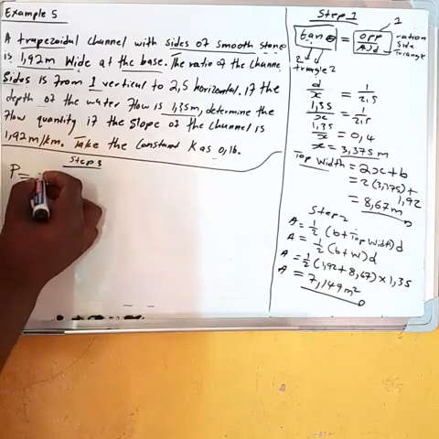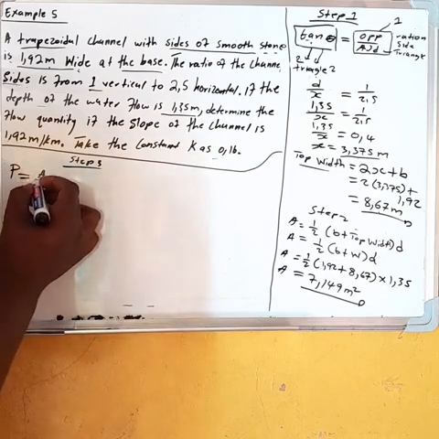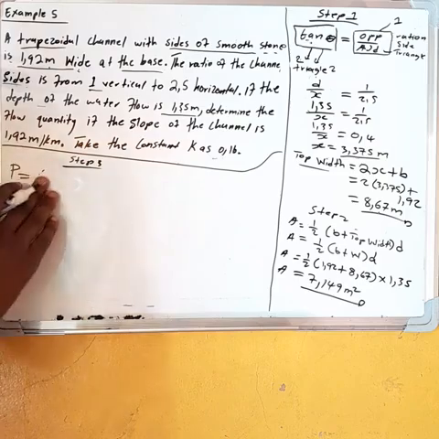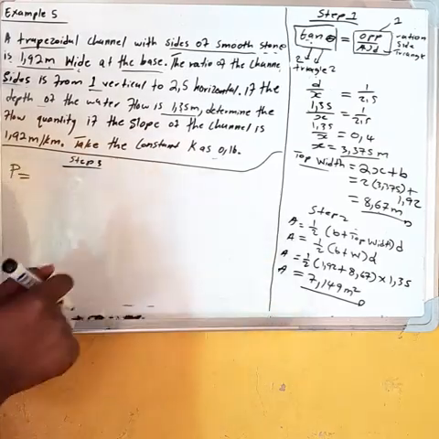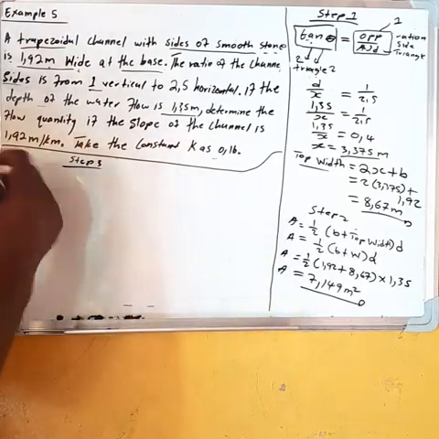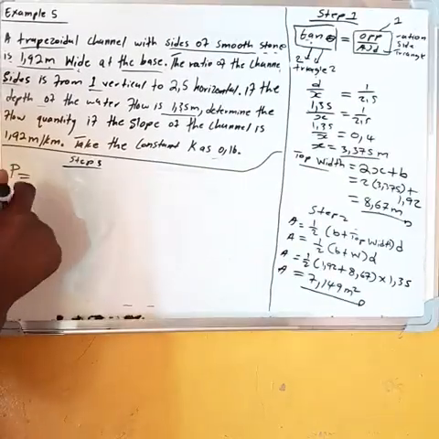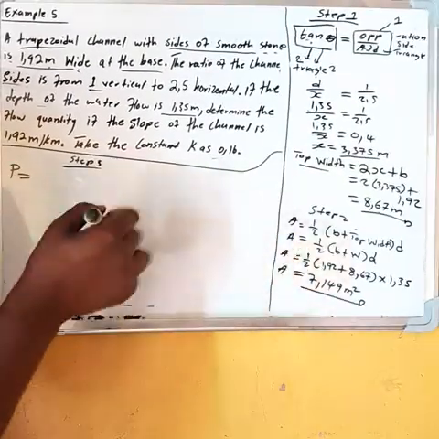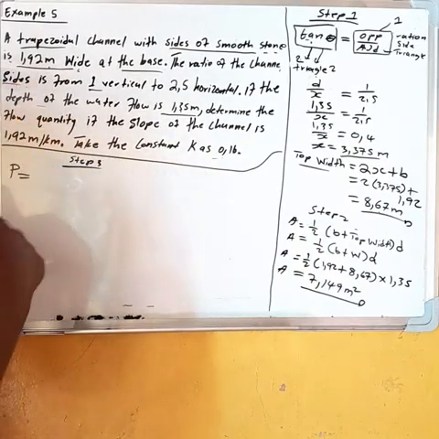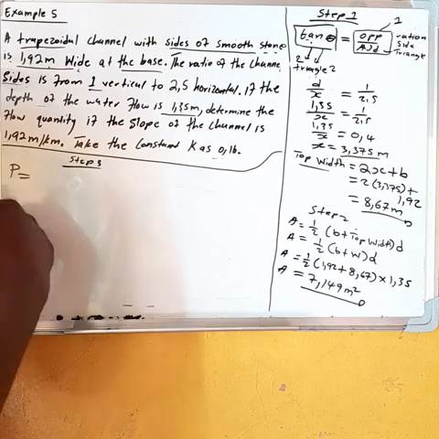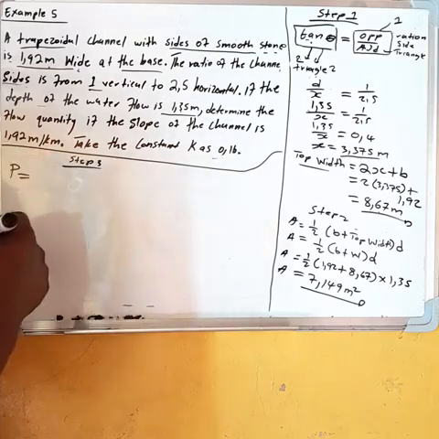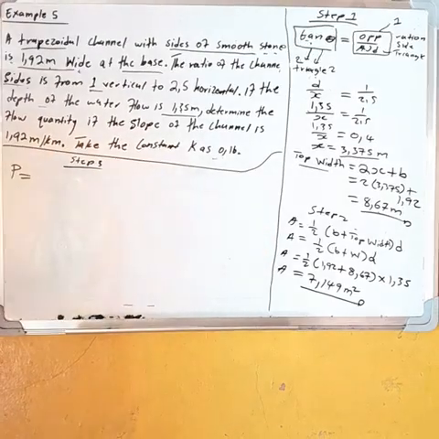Calculate the weighted perimeter, not the mean depth. I've been talking a lot about the weighted perimeter of the trapezoid.